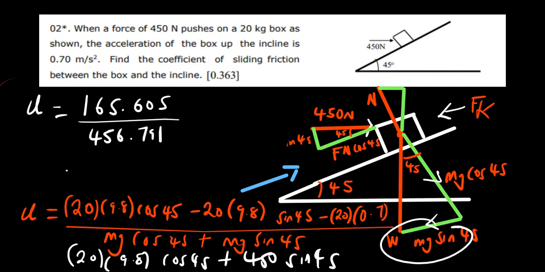When we divide 165.605 by 456.791, I'm getting 0.362. So this would be our coefficient of kinetic friction. That's how we're going to solve the second question.